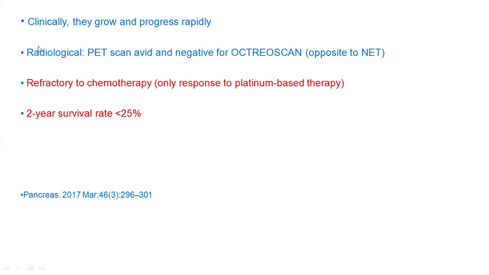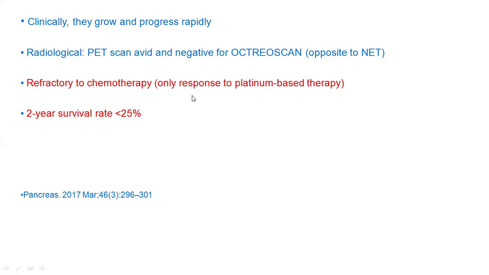The PET scan always shows high avidity, they light up, while the octreotide scan is almost negative in neuroendocrine carcinomas, in contrast to neuroendocrine tumors, because the octreotide scan detects somatostatin receptors, which are expressed only by neuroendocrine tumors but not by neuroendocrine carcinomas.